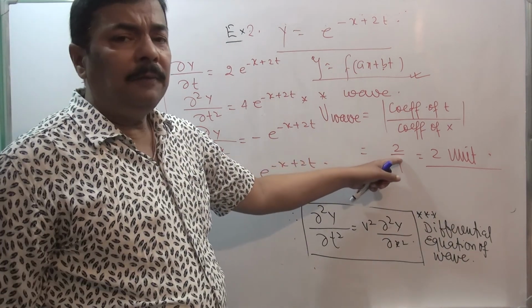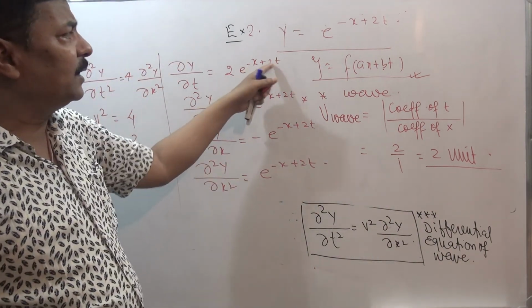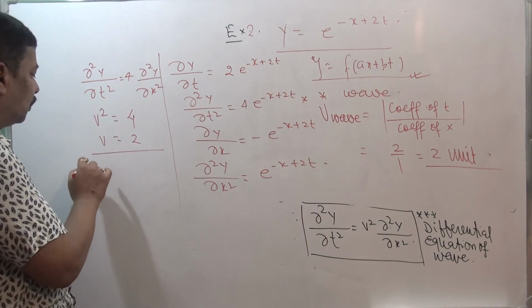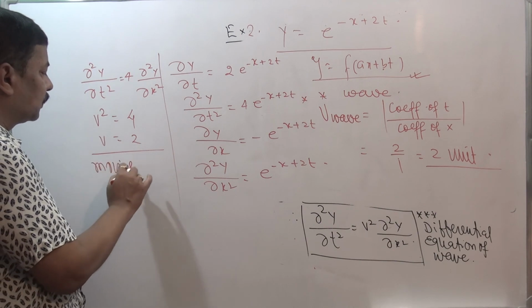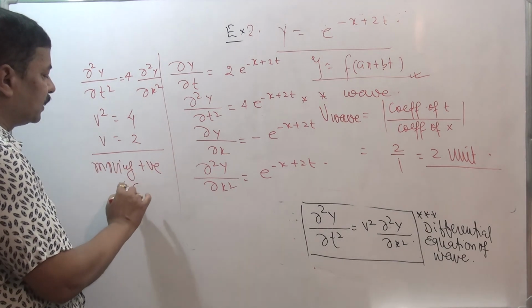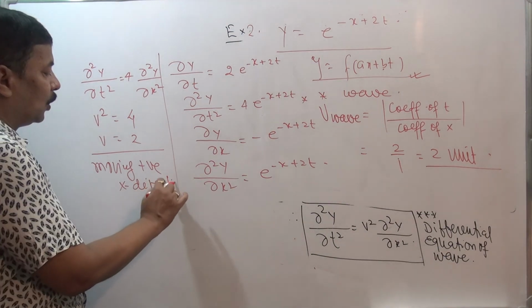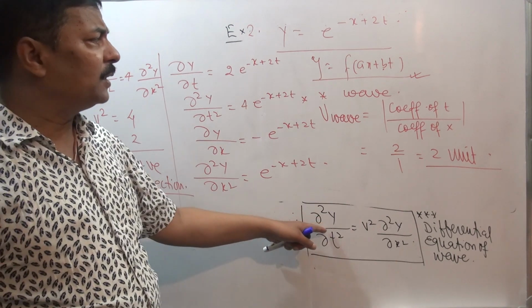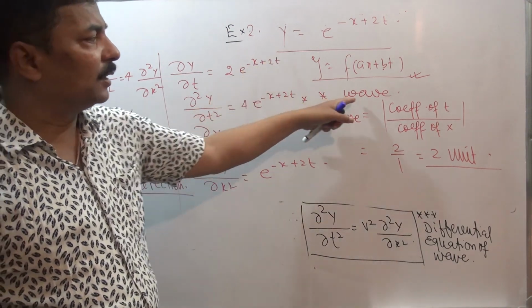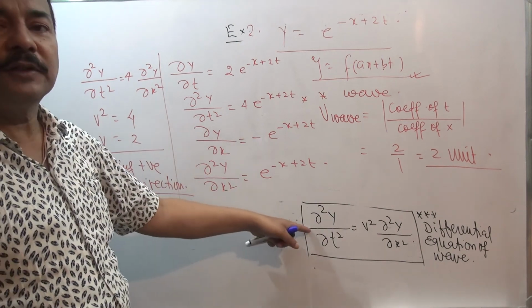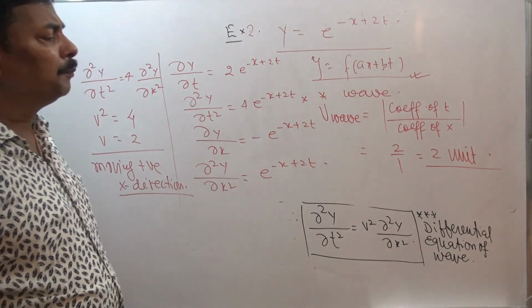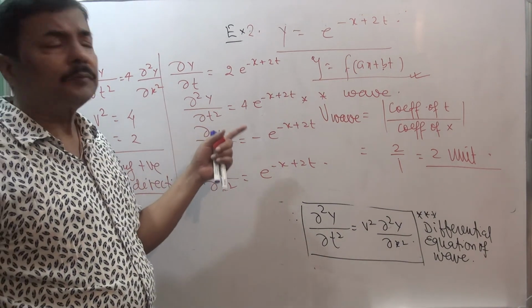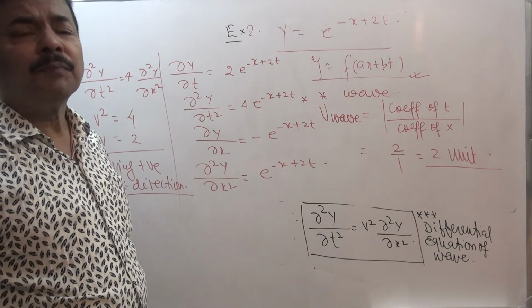Same relation we are getting, and as the sign is different, it is moving in positive x direction. So you have understood that any function which satisfies this relation is a wave. I have proved this by both relations, by this and also by this differential equation.